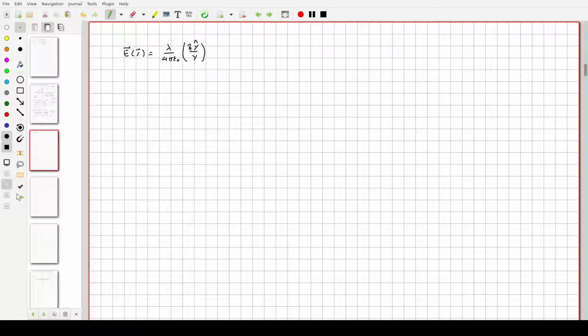As you can see, this 2 right here is going to cancel with one of those, giving you a 2 left over in the denominator. And your electric field here is going to be lambda over 2 pi epsilon naught y hat. This is a result that you can write down. I'm going to drop the vector for a moment.